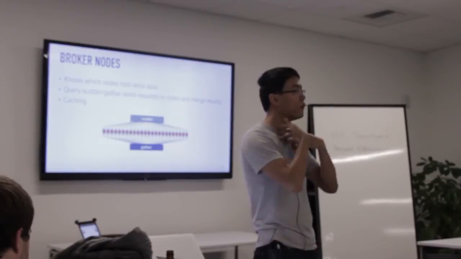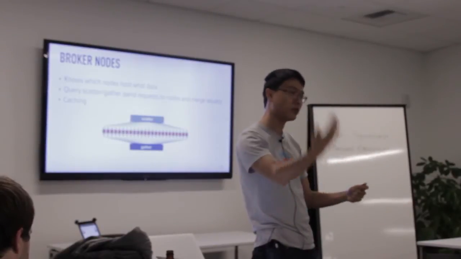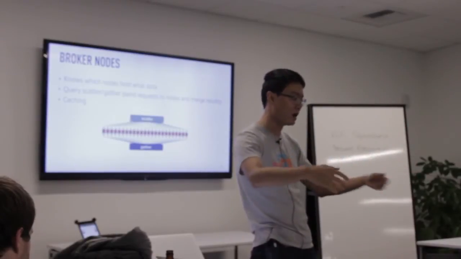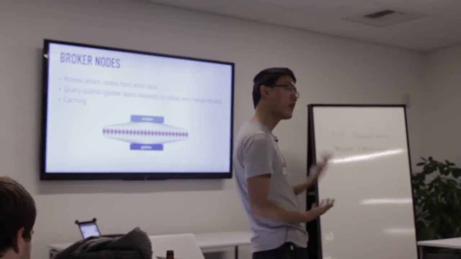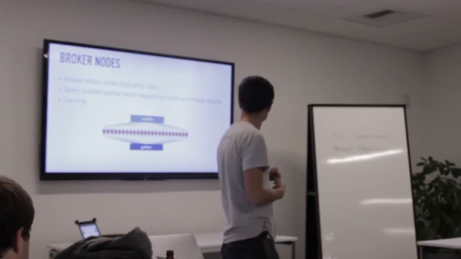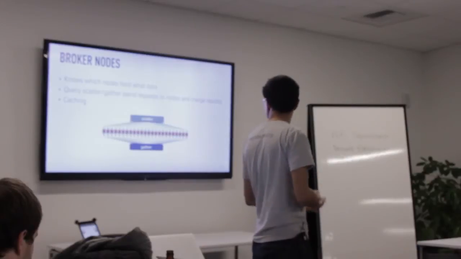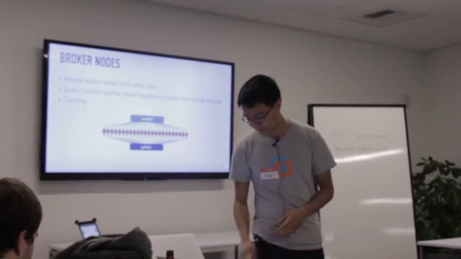The broker forwards that query down to the historical nodes or the real-time nodes. Then the real-time and historical nodes do their computation in parallel and return the results to the broker, which does the final level of merging and returns results to the caller. So broker nodes encapsulate this query scatter-gather functionality. And they also support caching.